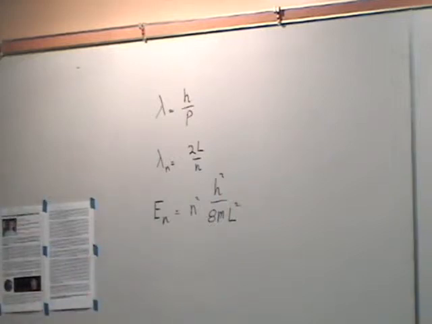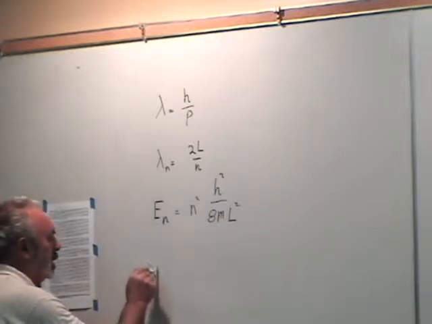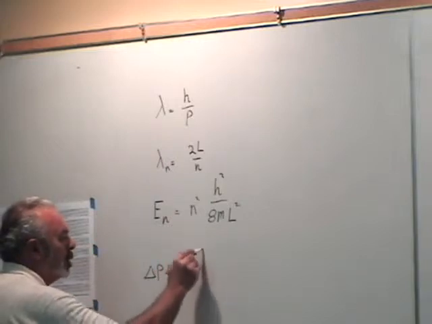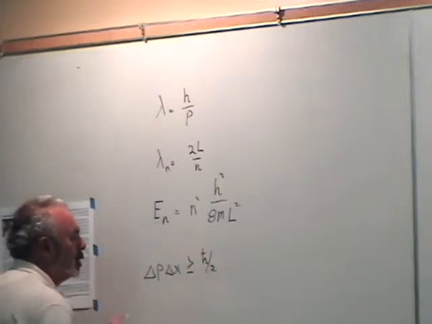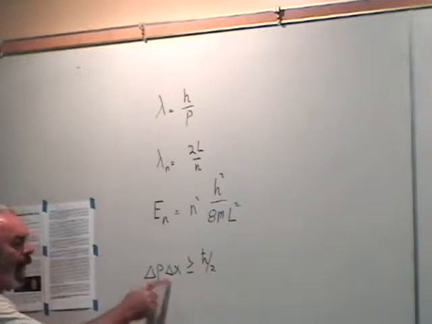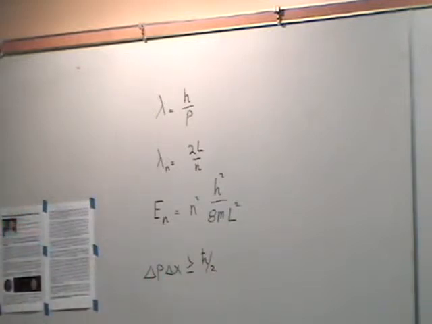Next thing we discussed was the uncertainty principle, which says this, basically: delta p times delta x is greater than or equal to h bar over 2. That says that there is a certain uncertainty in the momentum and the position of a particle. It's not related to experimental technique, but that the information does not exist beyond a certain limit.